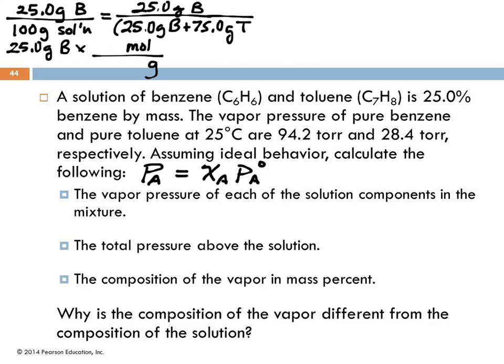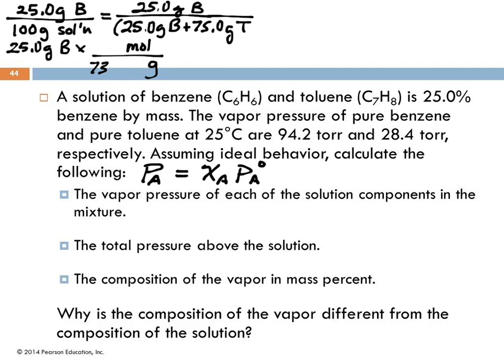Anybody have the molar mass yet? 73.074. Thank you. So 25 divided by 73.0. Oh, 78? Oh. Okay.